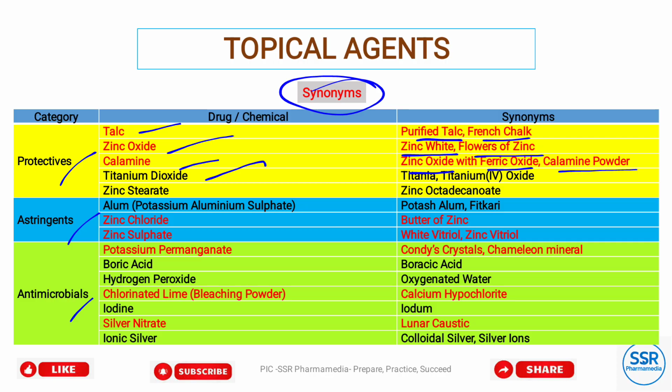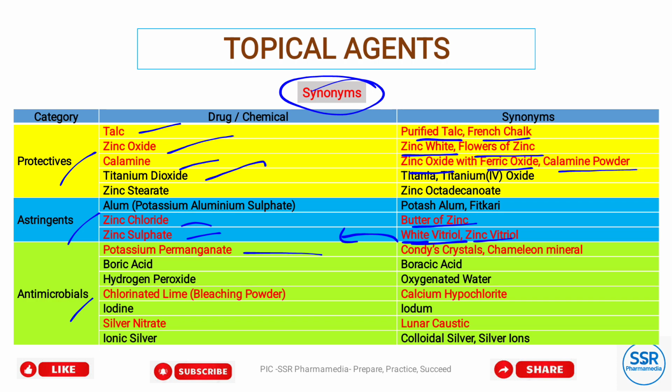Zinc stearate is zinc octadecanoate. Potassium aluminum sulfate is potash alum and fit curry. Zinc chloride is butter of zinc. Zinc sulfate is white vitriol. Green vitriol is ferrous sulfate. White vitriol means zinc sulfate, also zinc vitriol.